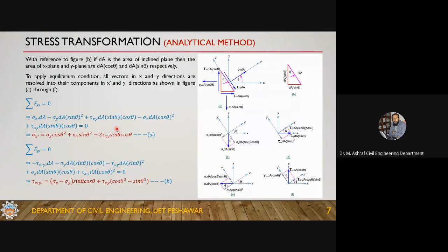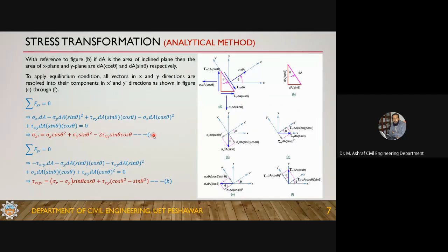You can see dA is everywhere, so you can take it out. Just keep sigma x prime on the left side and bring all the other quantities to the right side, so you will get this expression A.